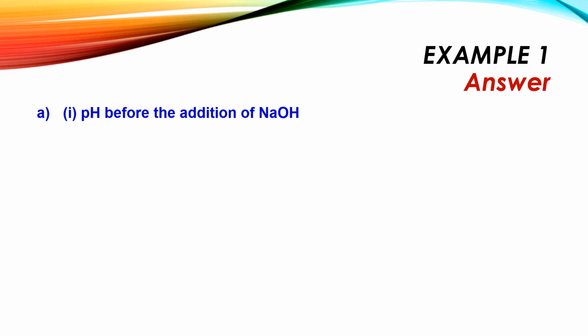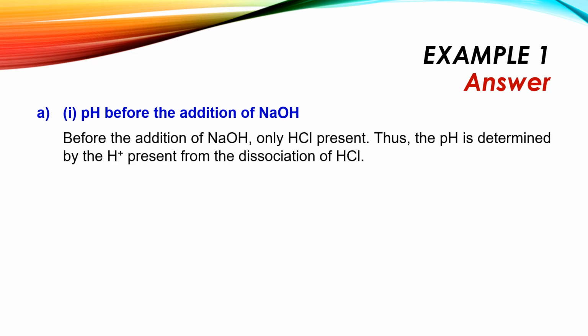Now, let's answer the first question. Calculate the pH before the addition of the sodium hydroxide. Before the addition of the sodium hydroxide, only hydrochloric acid is present. Thus, the pH is determined by the H+ ions present from the dissociation of the hydrochloric acid.